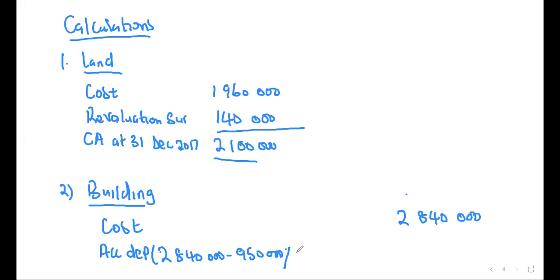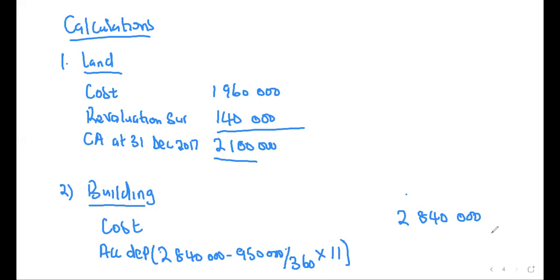Then you divide by the useful life of 30 years. I always prefer to convert to months. 30 years into months is 30 times 12, which is equal to 360. So you divide by 360 times 11, because from 1 February to 31 December there are 11 months. So that is the depreciation for 2016.